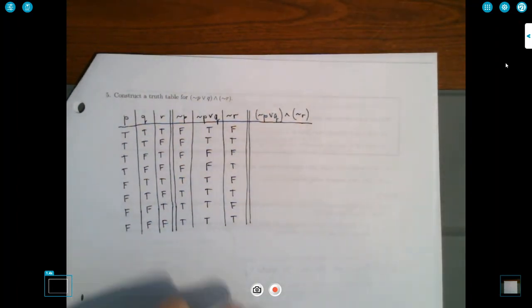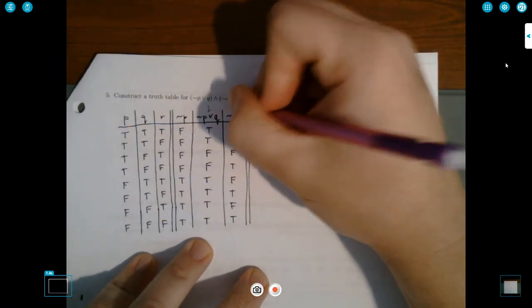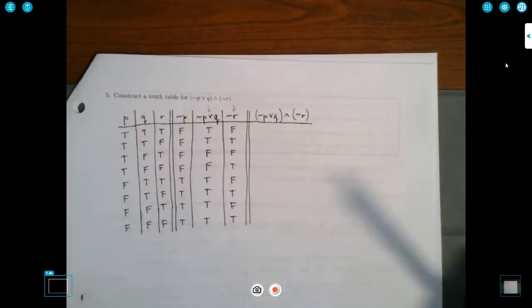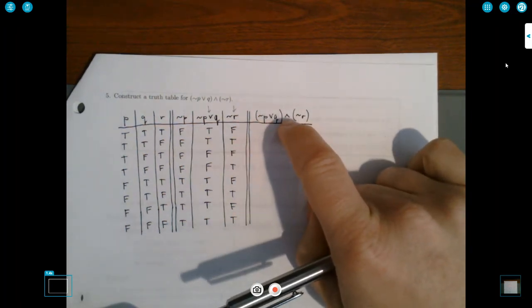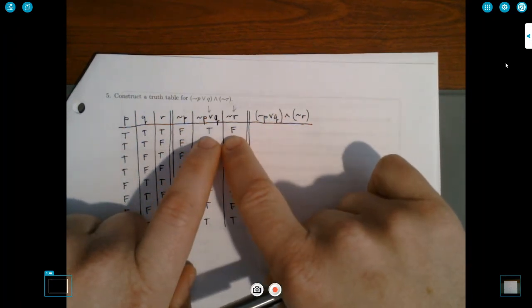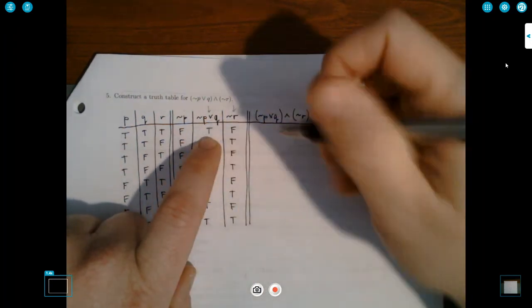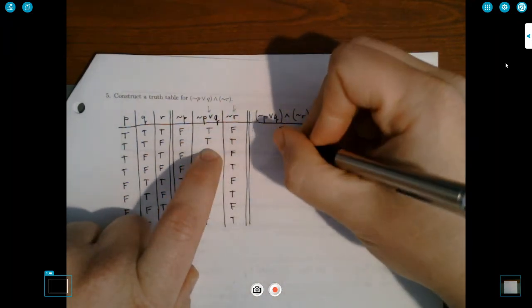So for this, I'm going to compare these last two columns, not P or Q and not R. Now this is a conjunction. So in order for the conjunction to be true, we need for both columns to be true. So here we only have one true, so this is false. Here we have two true, so it's true.